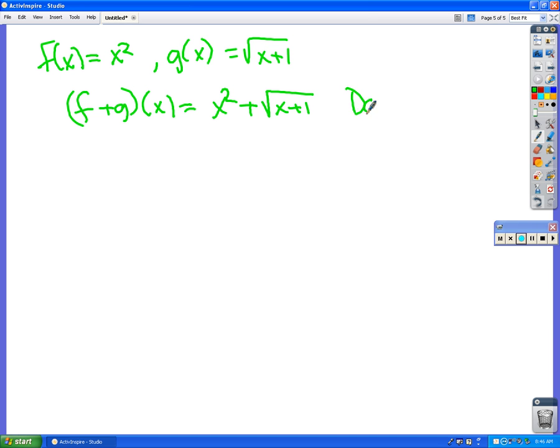How did you get that? Okay, good. Because f of x is x squared, g of x is square root of x plus 1, so if you add them together, you get x squared plus square root of x plus 1.